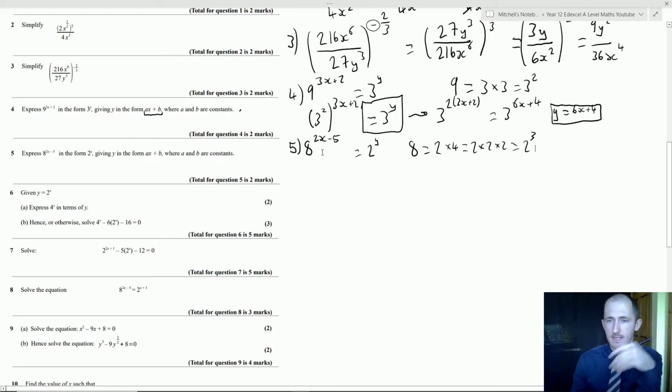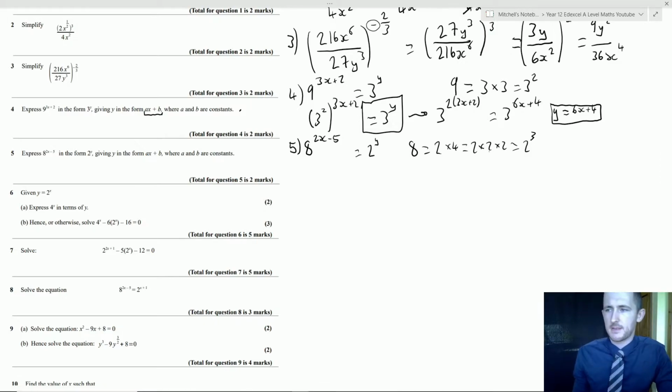Okay? And this kind of thing comes up again in A-level maths, and again, when you go to university, the maths you do at university, again, doesn't really matter what subject you're doing, it's going to involve you being able to look at numbers and say, wait a minute, I can write that as this. Okay, so if you're doing physics, engineering, economics, maths, medicine, whatever at university, okay? So just knowing your square and cube numbers is quite useful. Again, it comes with practice, so don't worry too much about memorizing them. Anyways, that was a long tangent.